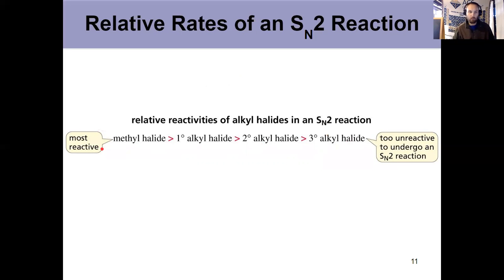So as the alkyl group gets more substituted, the rate of substitution decreases, as it increases in size, because it's all about sterics, as we'll see in just a second. Or to put it opposite, as these alkyl groups are smaller, the rate of substitution increases for these SN2 reactions.